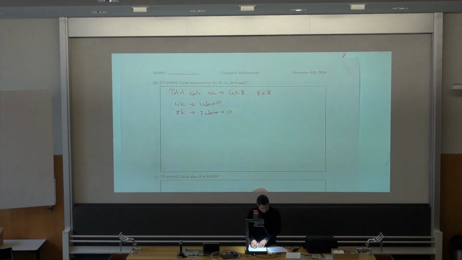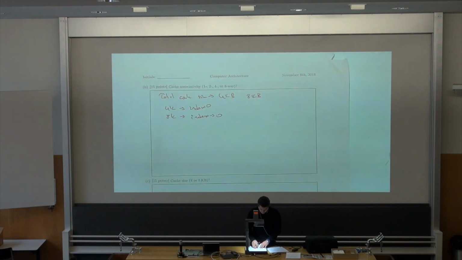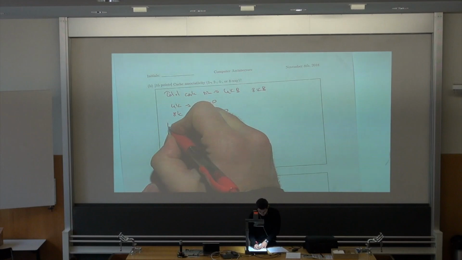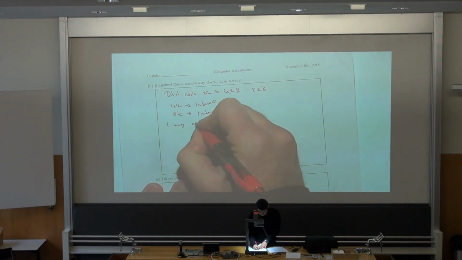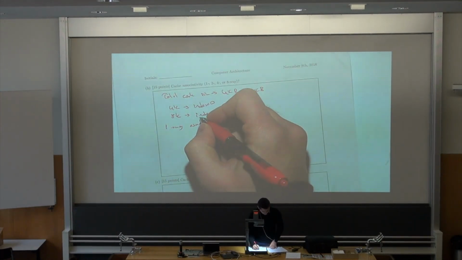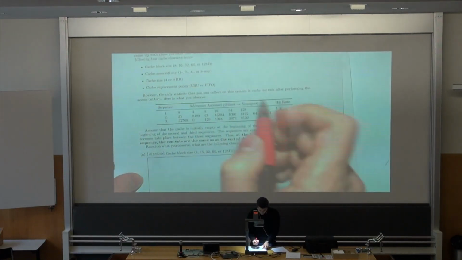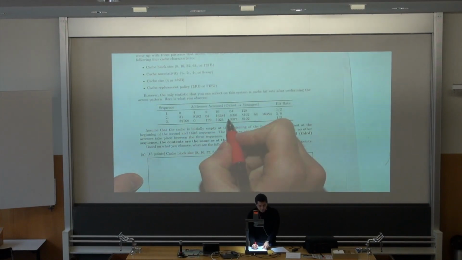So we need to keep this in mind first. And then let's assume that this is one-way associative, and write down all the accesses that are multiples of 4K. Okay.